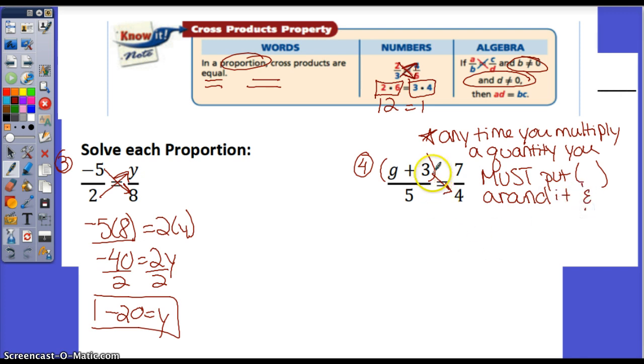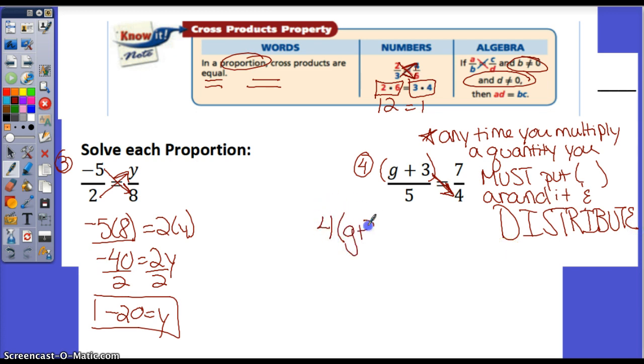And think about it, if you're multiplying this whole thing by 4, you have to distribute. Because if you write this down, the commutative property says 4 times the quantity g plus 3 equals your 5 times 7, which 5 times 7 we know is 35. Yay! Now we get to distribute.